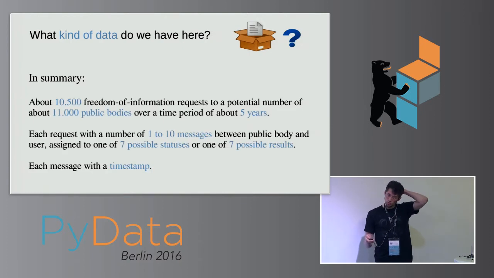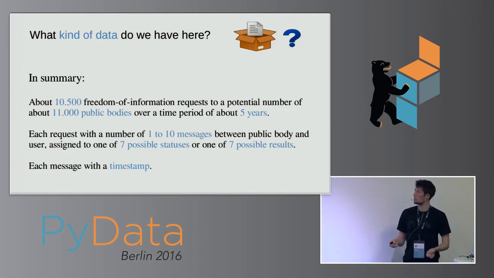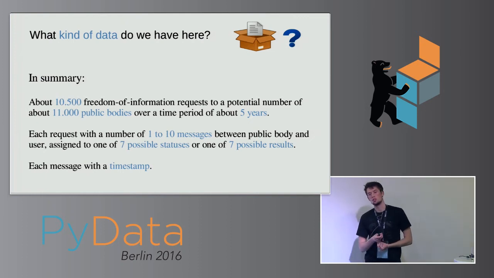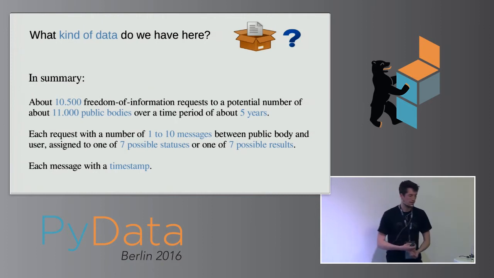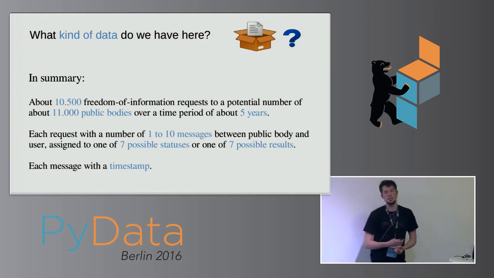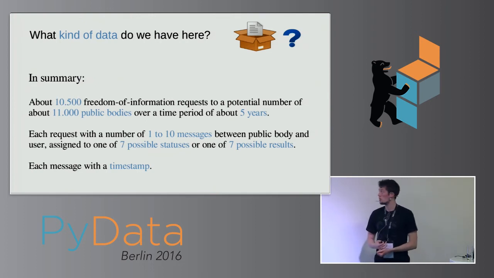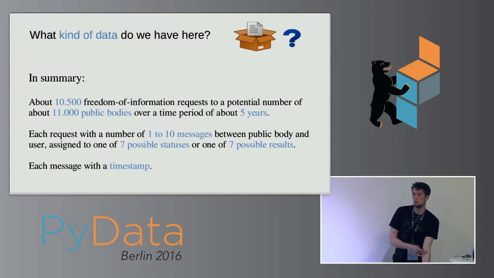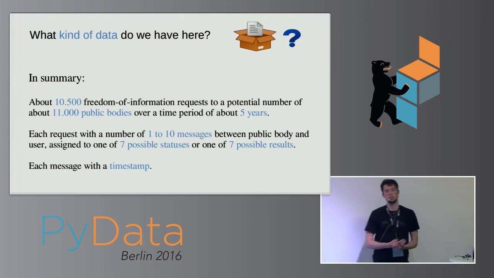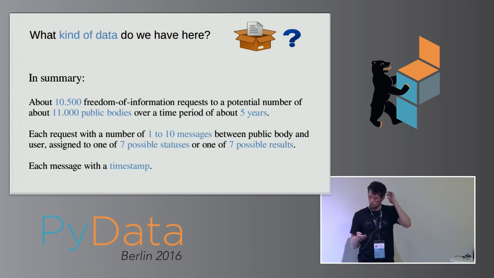In summary, we have about 10,500 public freedom of information requests, and potentially they can go to 11,000 public bodies in Germany. And this website started in 2011, so we have about a time range of 5 years where we have data from. And also for each of the messages, we have the current status, and if it was the last message, the result.